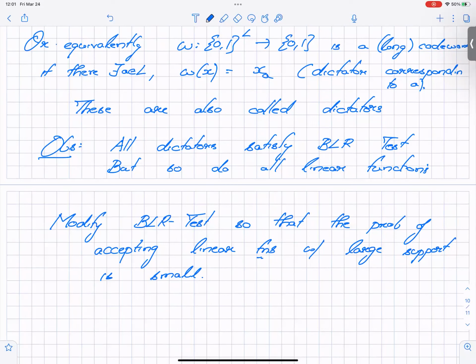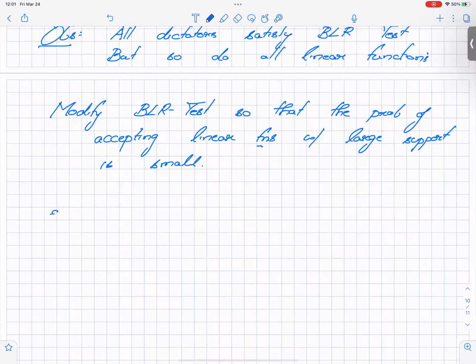Fair enough. So we will define what's called the epsilon perturbed BLR test.